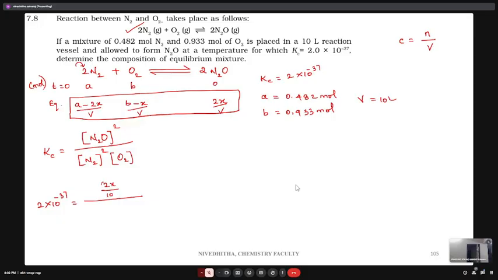And what is the remaining concentration of N2 at equilibrium? A minus 2x divided by 10 liters, the whole square. And the concentration of oxygen at equilibrium is B minus x divided by V, where V is 10 liters.